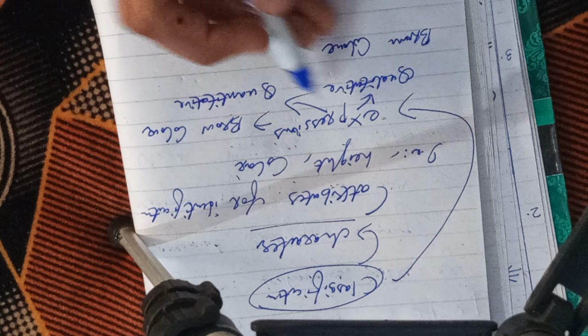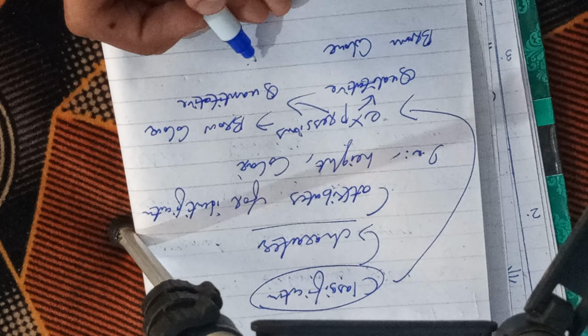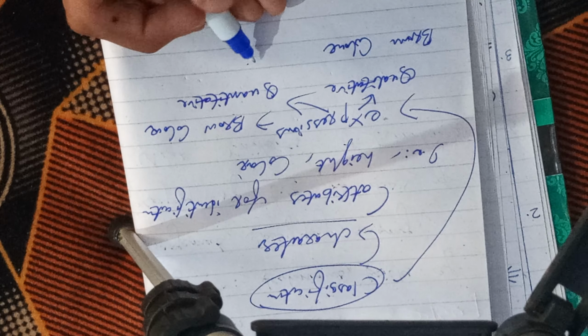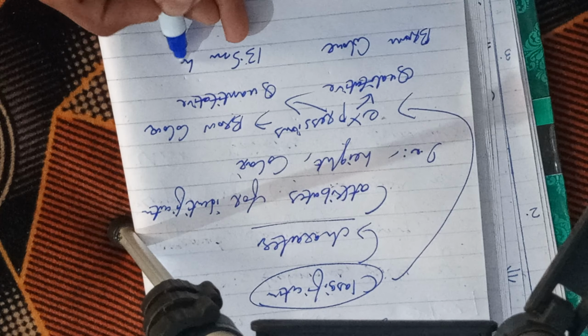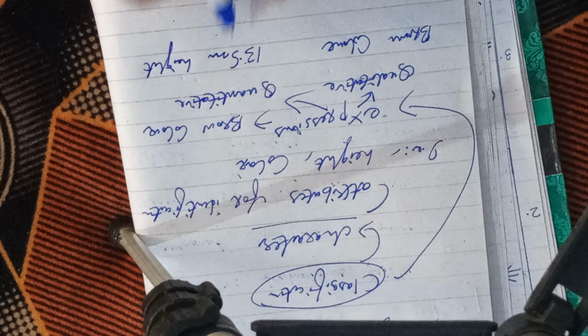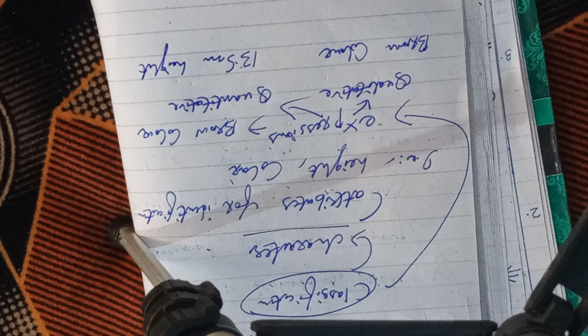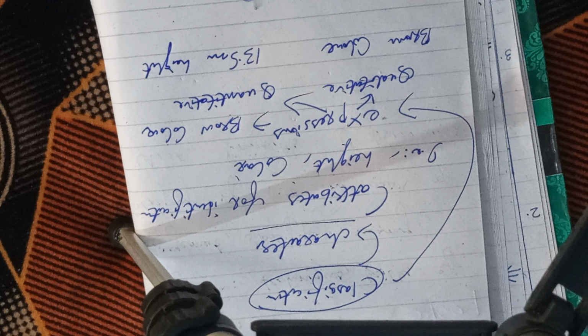In quantitative we have height, for example 13.5 meter height. That is a quantity, so that will be considered under the quantitative expression.